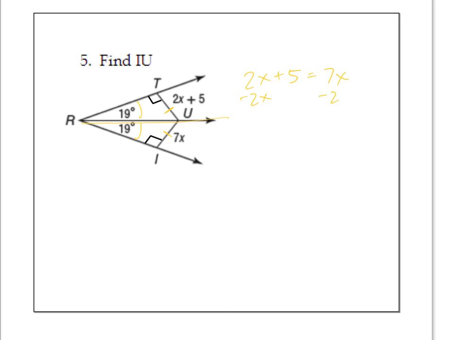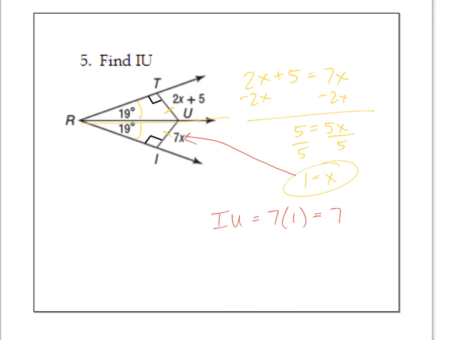Solve it. 5 equals 5x. Divide by 5. 1 equals x. However, we are not quite done because if you look at the question, it says find IU. So we're going to take that 1 and we're going to plug it in right here. And we're going to say IU equals 7 times 1, which is 7. And there's no label here, so we do not need to label.